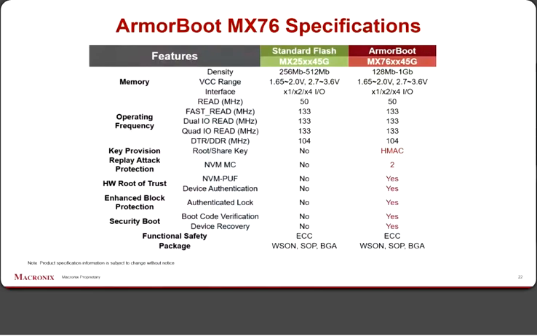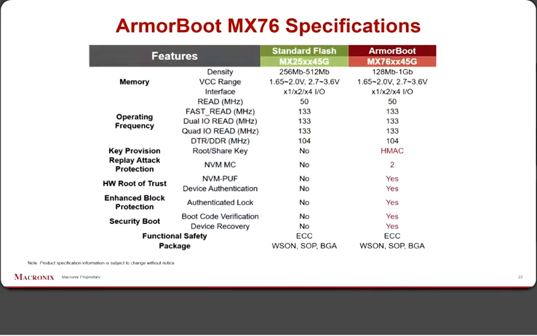We support read interface speeds of 50 megahertz, and up to 133 for certain modes. We do support DTR, DDR mode, and we do HMAC key sharing as well. Then we have 2 monotonic counters. We also support the PUF, like I mentioned before.